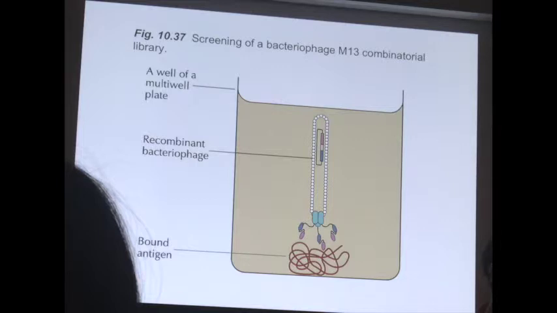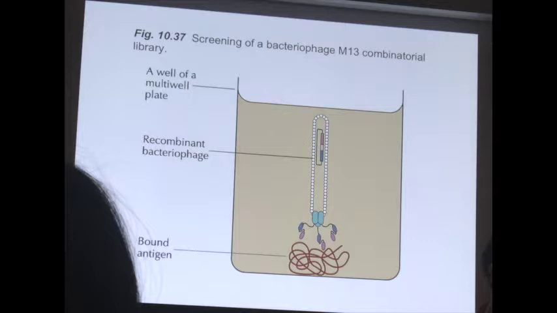And there'll be lots of it bound, but it'll be to the surface. Not necessarily just the bottom, by the way, but the walls as well. We can automate this whole process, using robots, adding solutions, removing solutions, washing things.